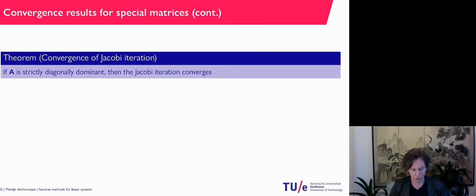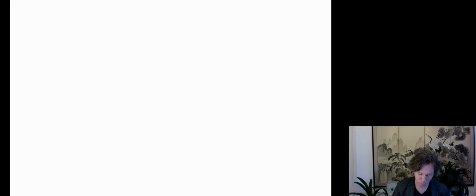Now, for Jacobi, you can show that if your matrix is strictly diagonally dominant, then it will converge. And the proof is not so difficult, and we're going to do that. So let's grab some white space, and let's go to iPad only.